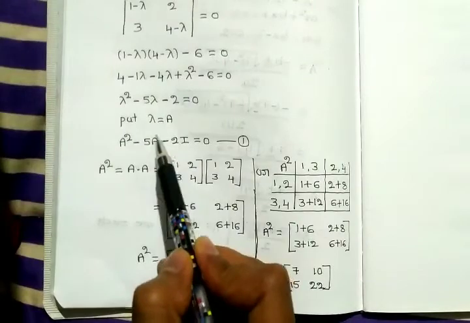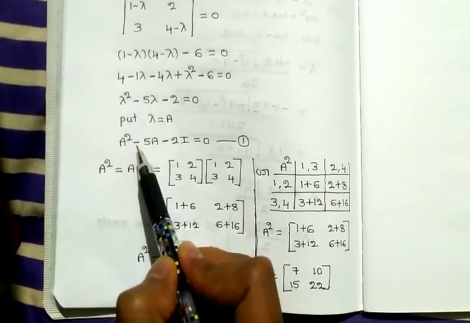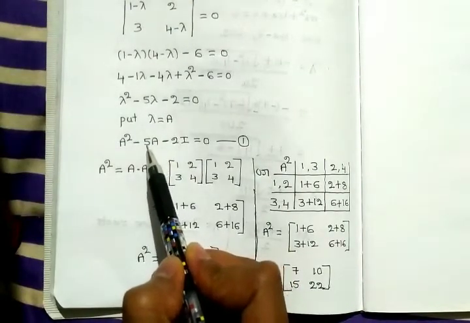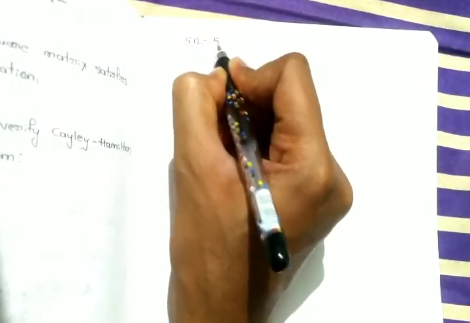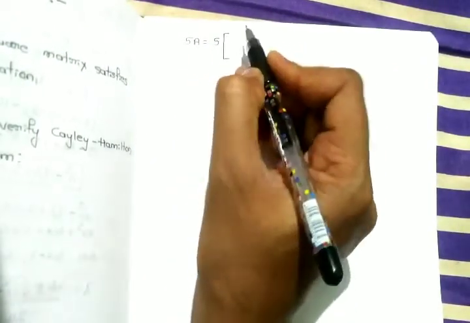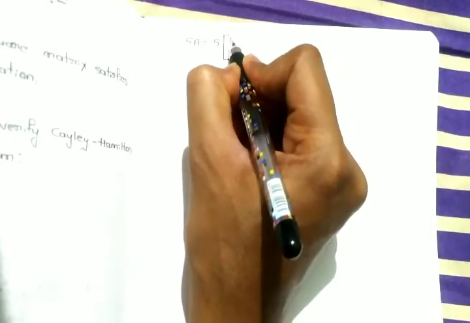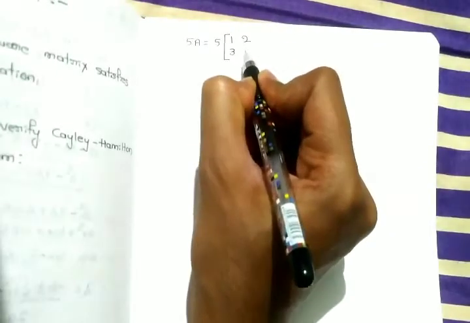Next you need to find only 5A. Don't consider the negative sign, only find 5 into A value. Therefore 5A is equal to 5, I am going to keep it as it is. A means the given matrix. What is the given matrix? 1, 2, 3, 4.